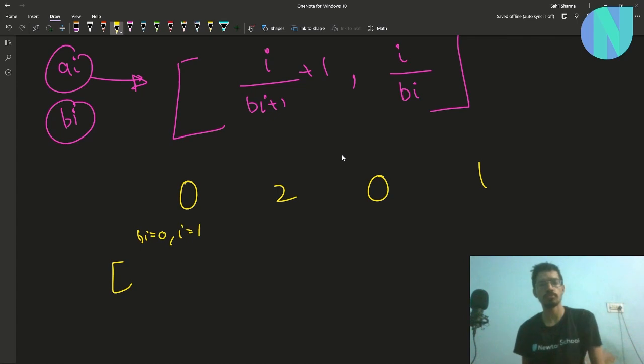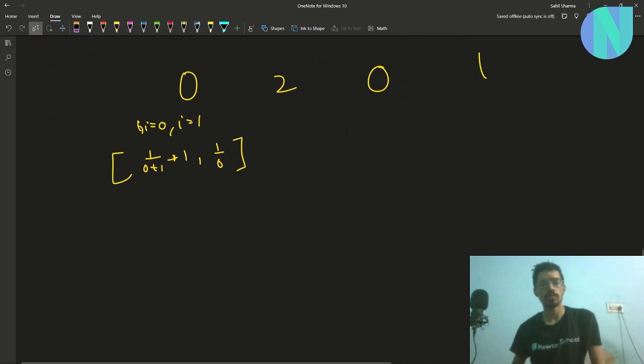If you apply the first formula, you get 1 over (0 + 1), plus 1, right? And for the upper bound, you get 1 over 0. As you can see, 1 over 0 is obviously infinity, but that means there is no upper bound. But for the given problem, our upper bound is n, right?